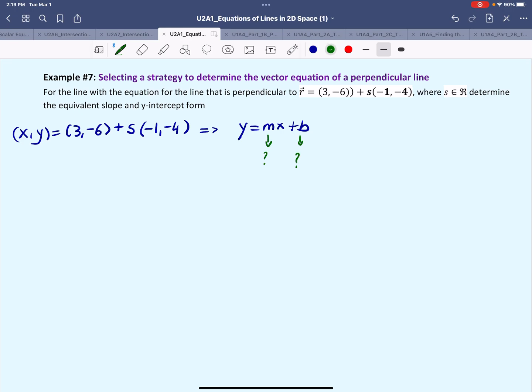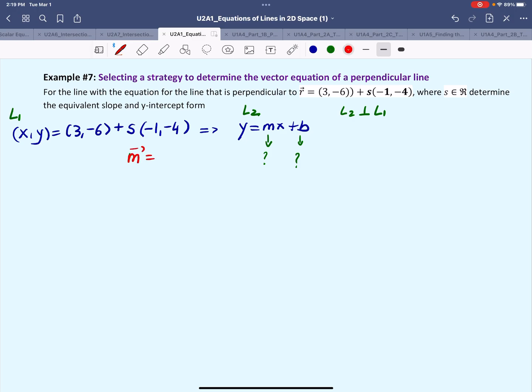For the slope of this line, remember that if this is L1 and this is L2, we would like L2 to be perpendicular to L1. The slope of L2 can be found by using the direction vector of L1. So the direction vector here is (-1, 4).